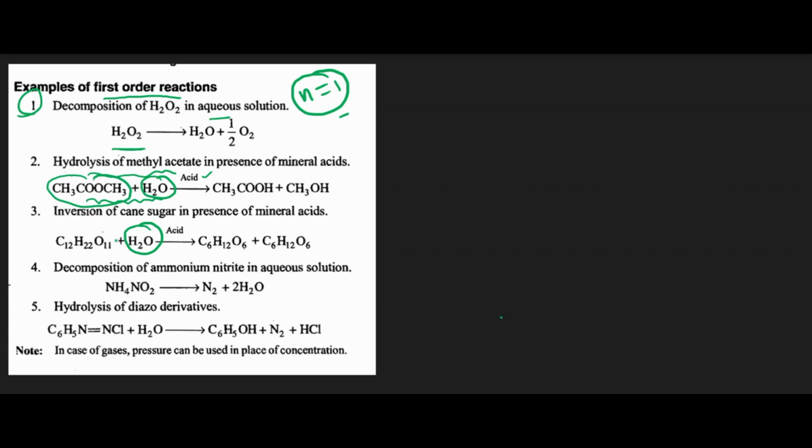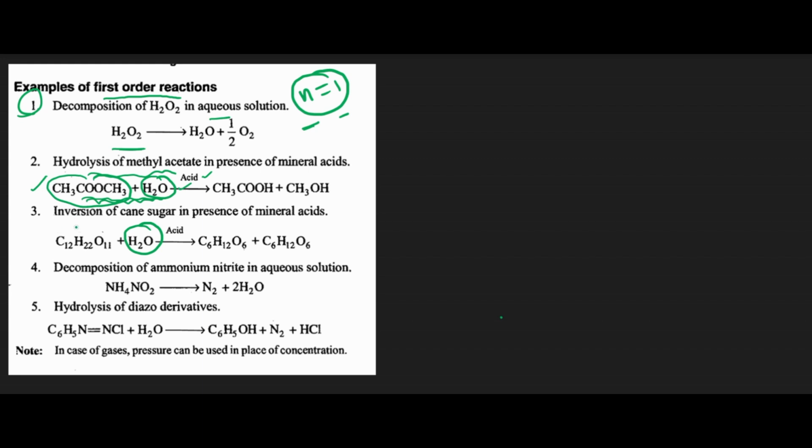So here the number of reactants is 2, but the order of the reaction is 1, and hence this reaction is also called a pseudo order reaction. Once again, the order is determined experimentally, not by the number of moles of reactants added in the reaction mixture.